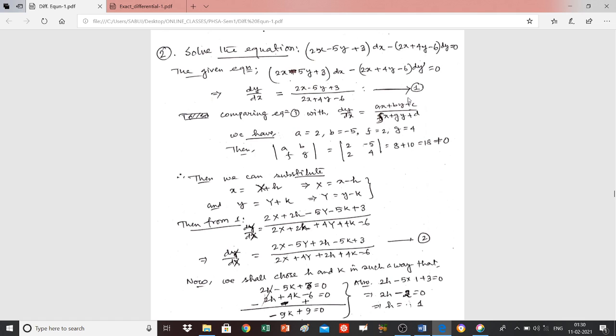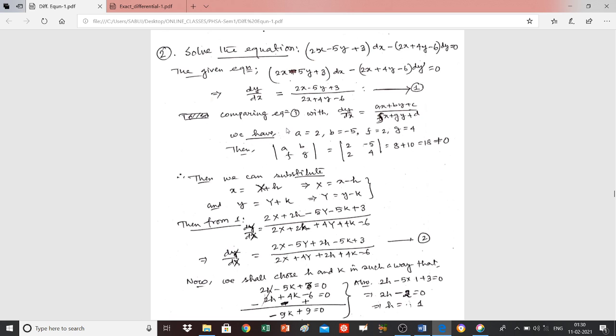This is equation number 1, and you can easily compute the values of a, b, f, g. Here a is 2, b is minus 5, f is plus 2, g is plus 4. That is all written here. So just compute this determinant, that will give you 18, which is not equal to 0.